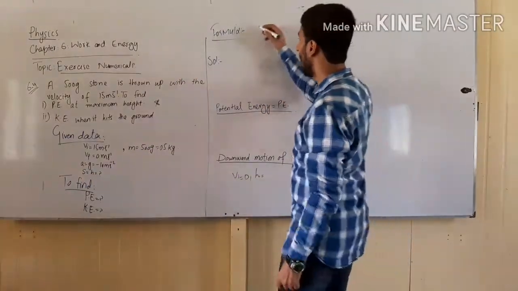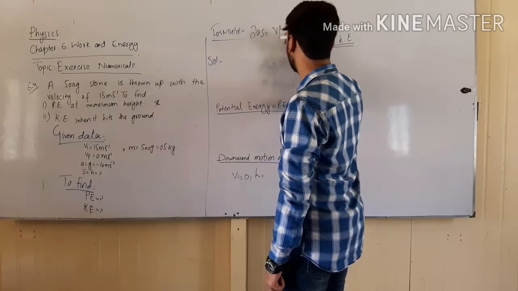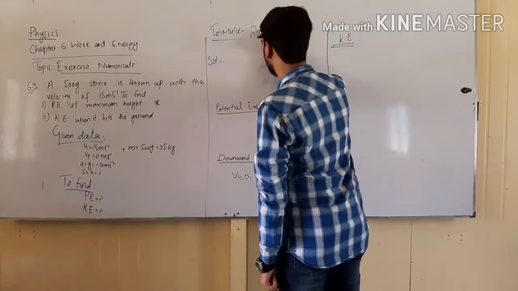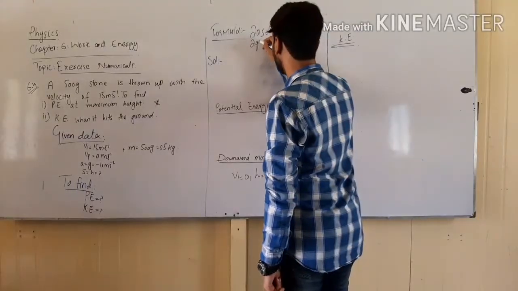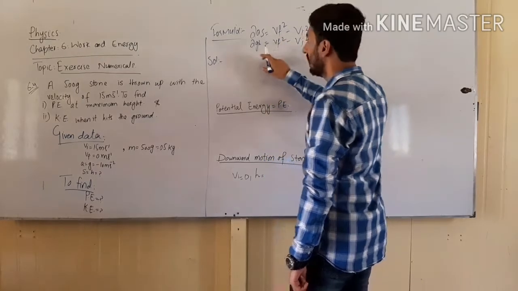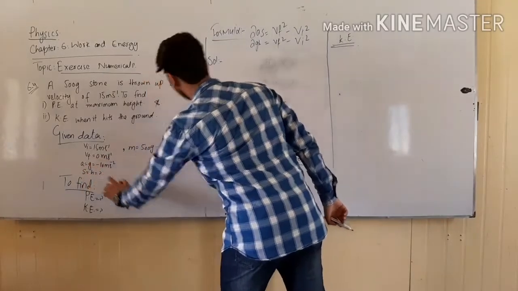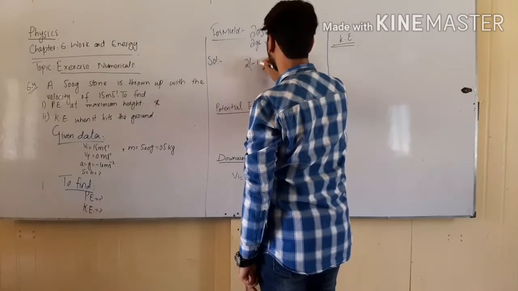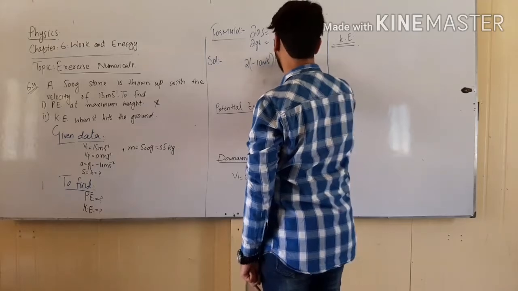So formula is, as we know that third equation of motion is 2as is equal to vf square minus vi square. So according to our given data, I am going to change this equation: 2gh is equal to vf square minus vi square. I have changed a with the g and s with the h. So now I am going to put the values. We have to find height.